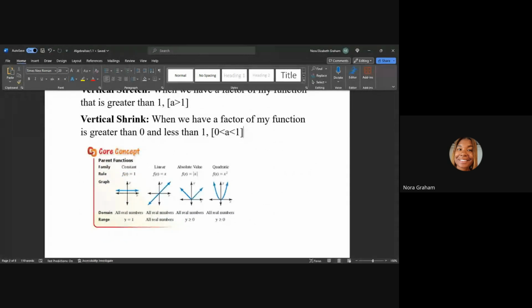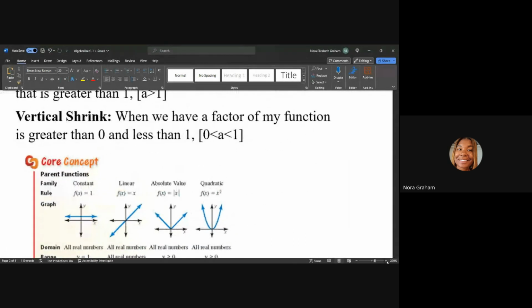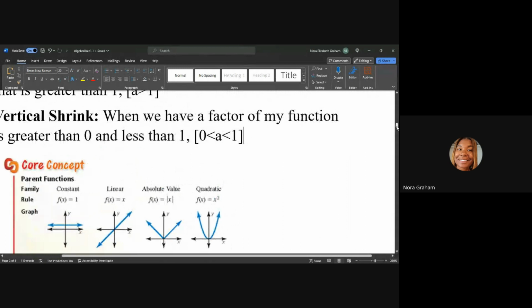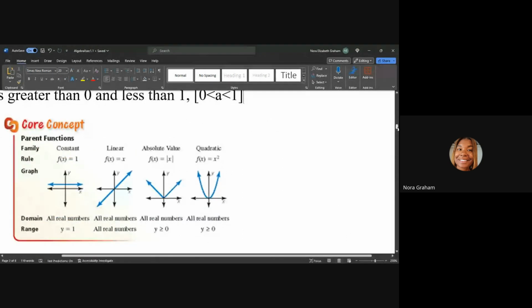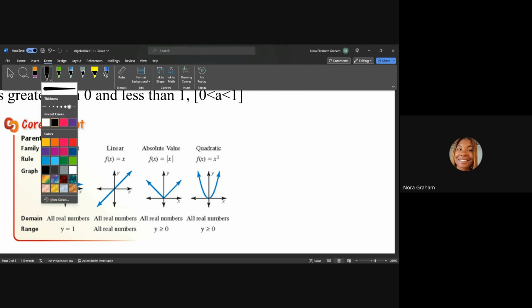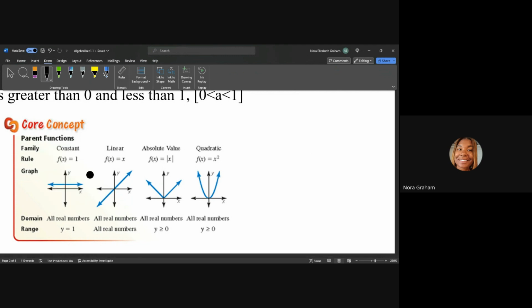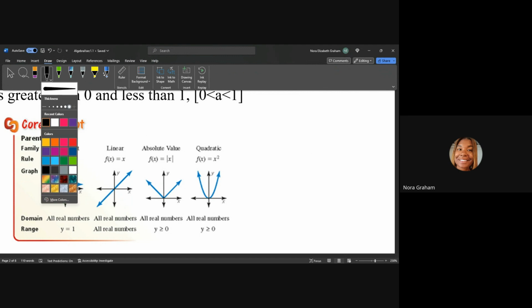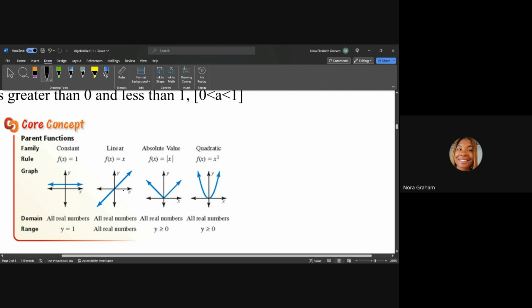Or actually, before the examples, let's get into our concepts. So like I said, we're going to be dealing with parent functions. The parent function is just the function that usually goes through the X and Y axis, or your origin. And it's just the most basic part of that function. So for this one, we can see we have our linear function right here, and it's just y equals x.